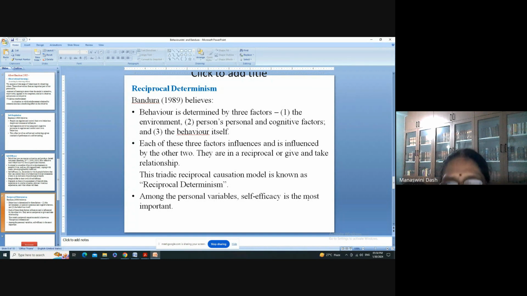In this triadic reciprocal model, each factor influences and is influenced by the other two: environment, the person's personal and cognitive factors, and the behavior itself. So these three factors are in a reciprocal, or give and take, relationship. This triadic reciprocal causation model is known as reciprocal determinism.